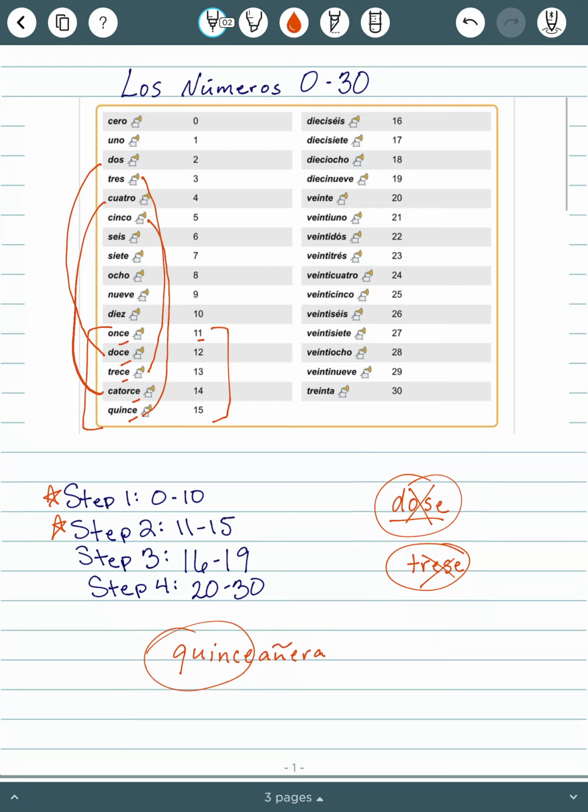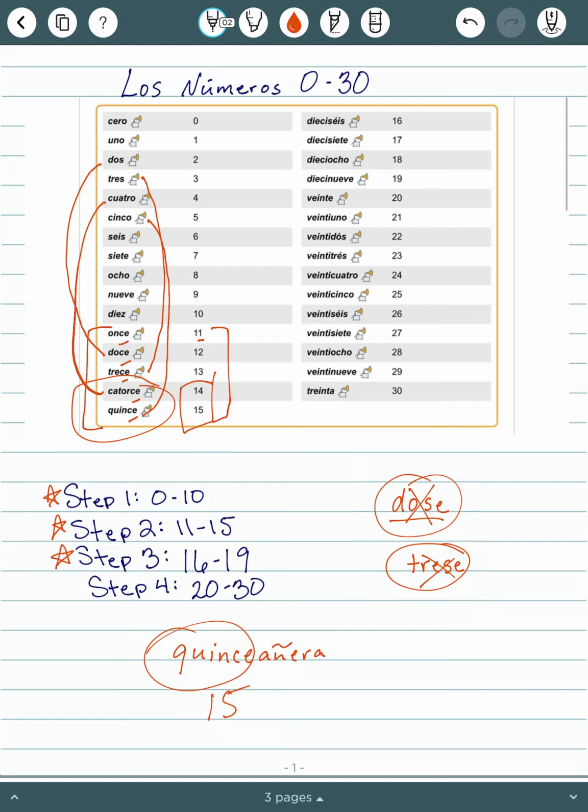It's a girl's 15th birthday party. And so 15 being quince. If you've not heard of that, then you're just going to need to specifically work on that number. I will say 14 and 15 tend to be the numbers that give people the most trouble. So that is step number 2, just 5 numbers, specifically work on those.